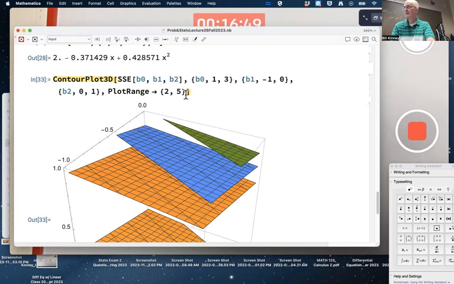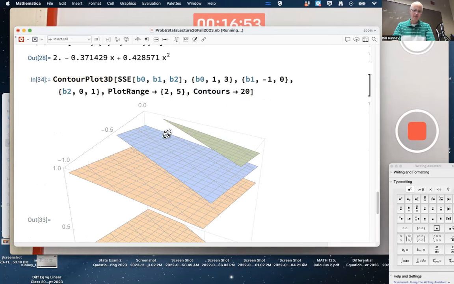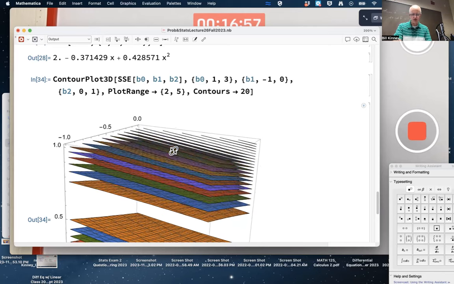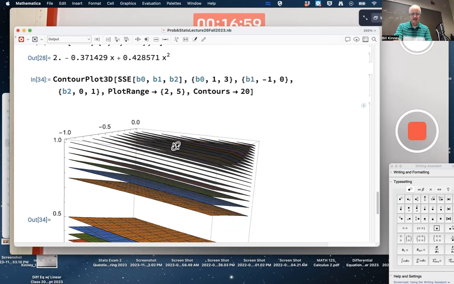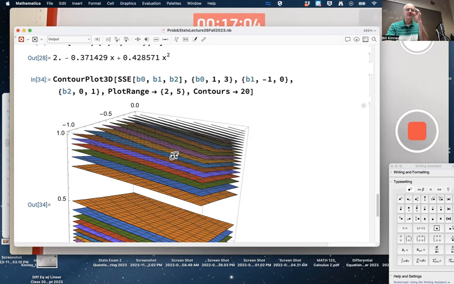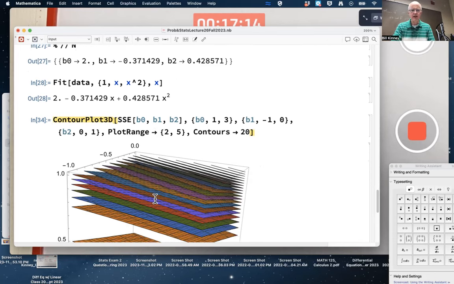These are level surfaces instead of level curves. And there's supposed to be a minimum. These are surfaces along which this function SSE of 3 variables are constant. They look like a bunch of planes. They're actually not planes. They're really elongated ellipsoids, which are like football shapes. But they're so thin, I think, that you can't tell that they really are that shape.